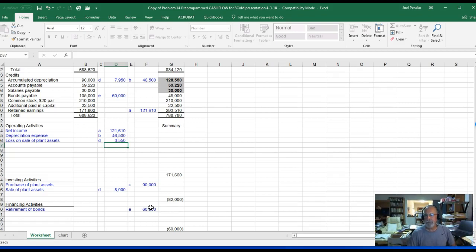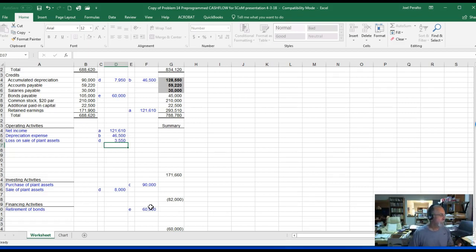Whenever you sell a plant asset, you need to compare the net book value, which is the cost minus accumulated depreciation, with the proceeds received for the sale, and the difference is either a gain if you receive more than net book value, or a loss, in our case a loss, if you receive less than net book value.